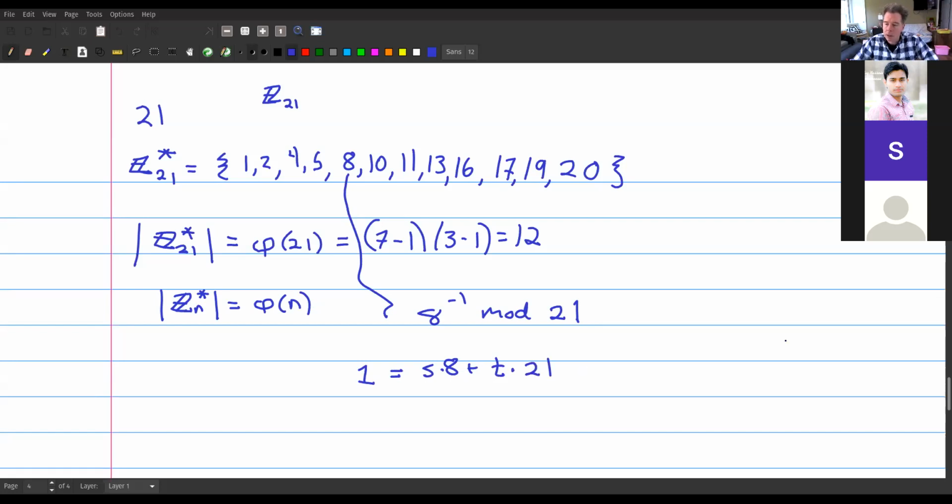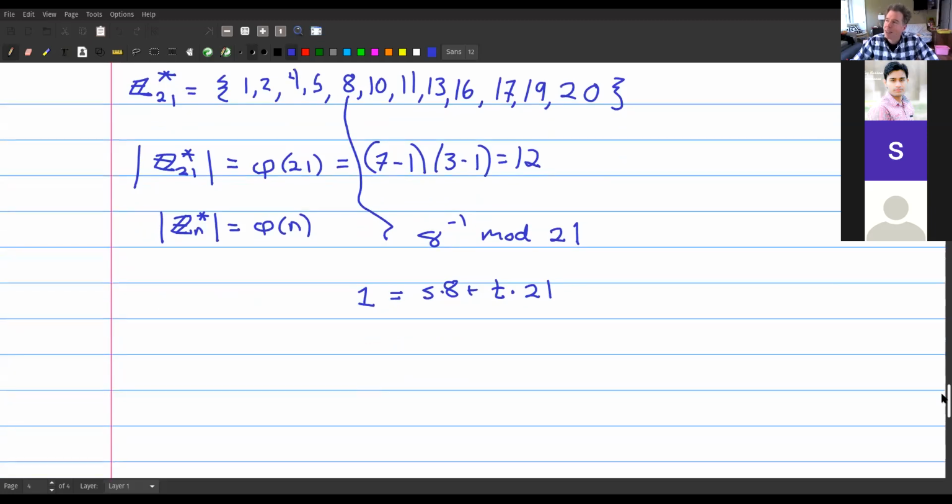Can anybody actually figure that out? I'm sorry, I can't figure it out. But if the GCD is 1, then you reduce both sides of this equation modulo 21 to get 1 is congruent to s times 8 mod 21. And then it turns out that 8 inverse is congruent to s, and you've solved the modular inverse problem.